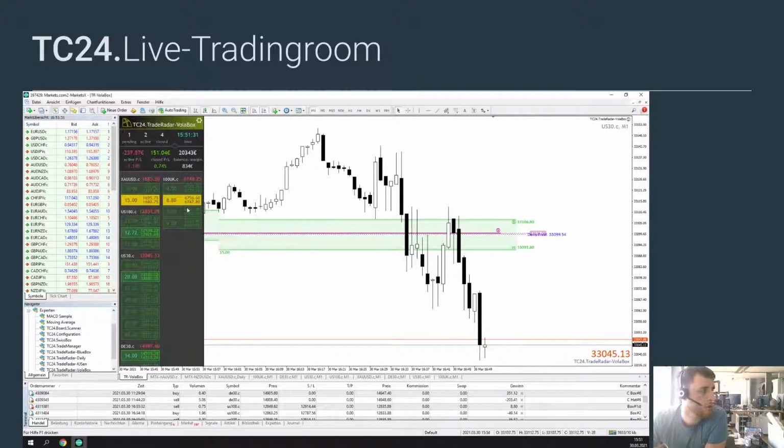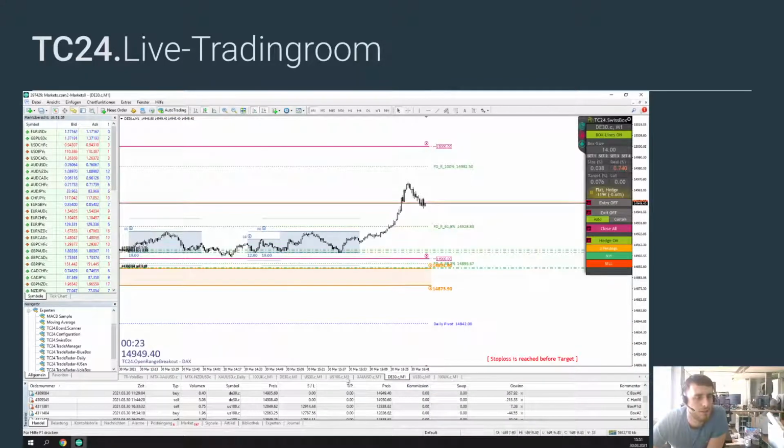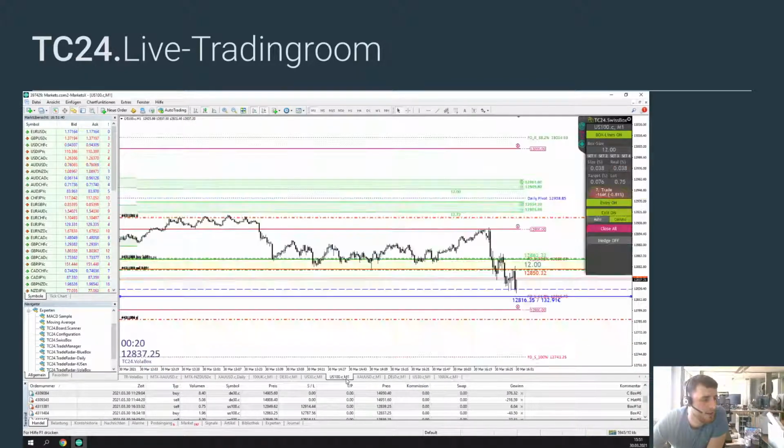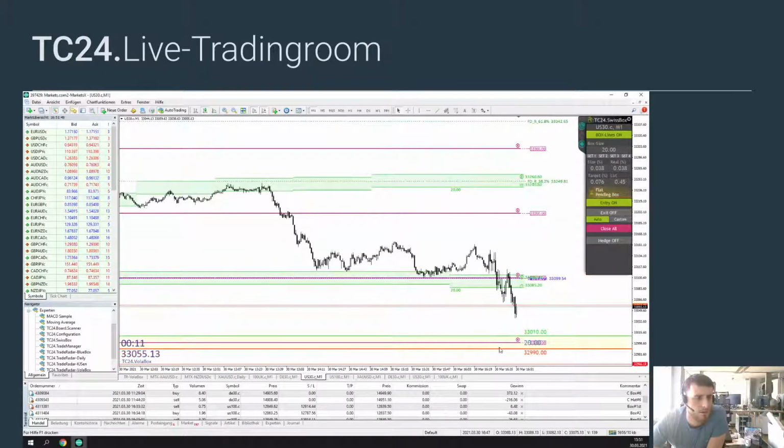4 trades closed, 0.74%, 151 euros. Still currently in a nice hedge from the DAX, 119 euros in, and of course the Nasdaq. Yeah, well, big reversal there. Same with the Dow Jones.